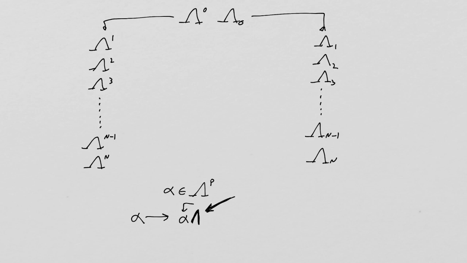Now an open wedge is basically an invitation to put some form right there where you end up with a p plus q form, if this was a q form, right? And so we're now creating basically a mapping between the pth exterior power, alpha, and the p plus qth exterior power. So we're going to call that mapping alpha wedge. All right.